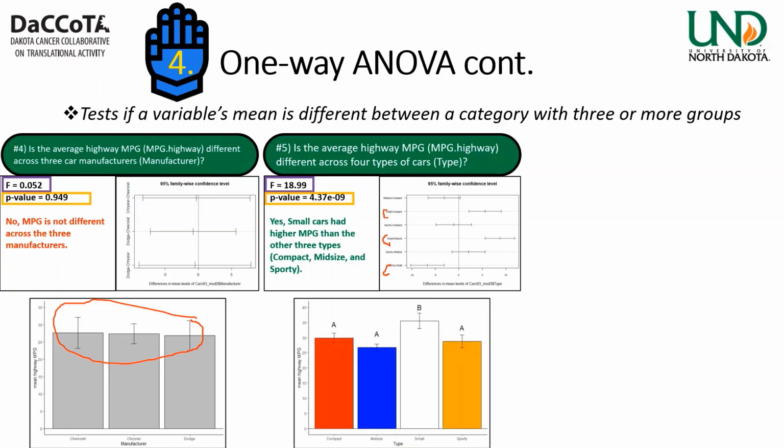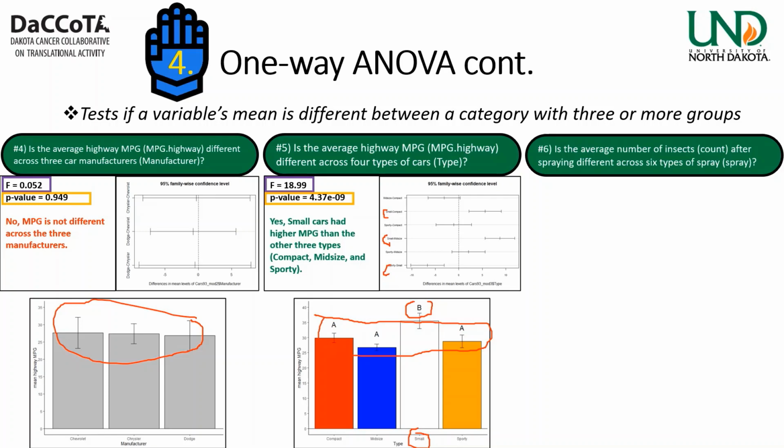So it turns out small cars had higher miles per gallon, not surprising, than all the other 3: compact, midsize, and sport. And now, since we have more groups, often what you'll see is letters denoting significance. So B is significantly different from A, but then all the A's don't have a significant difference. Only these 3 are different from B.